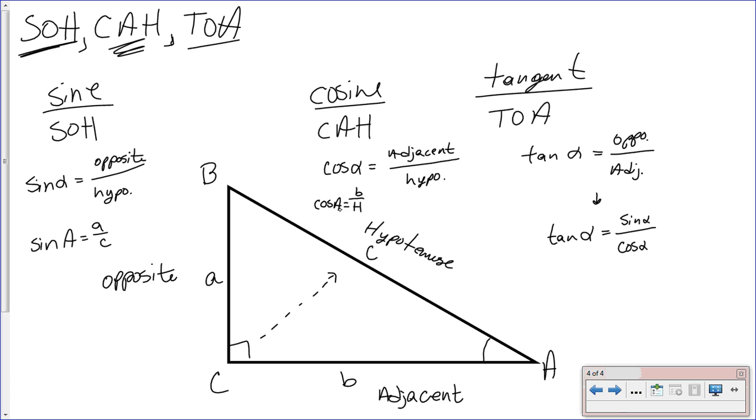Oops, that's supposed to be a C. I'm going to have to erase the whole thing because my eraser is too big. So the cosine of A equals B over C. And then the tangent of A equals opposite, which is A, over adjacent, which is B. So there are some examples for you. If these had been numbers, we would actually have numbers there.